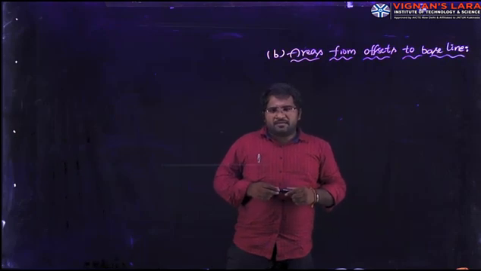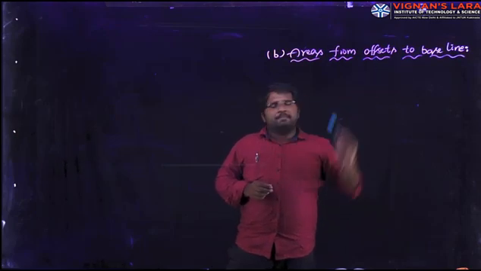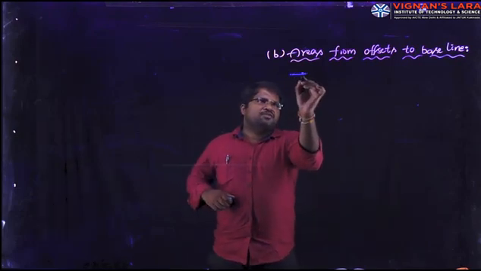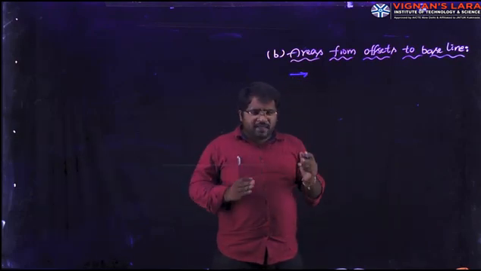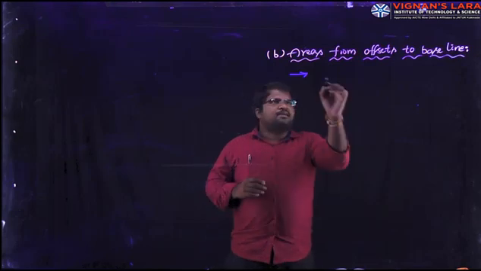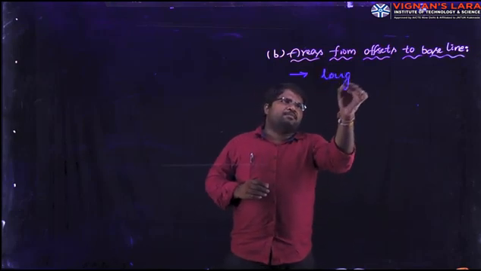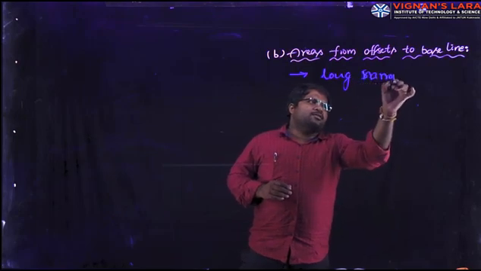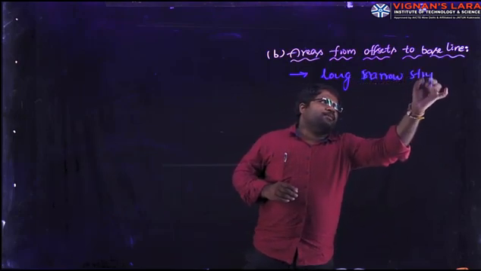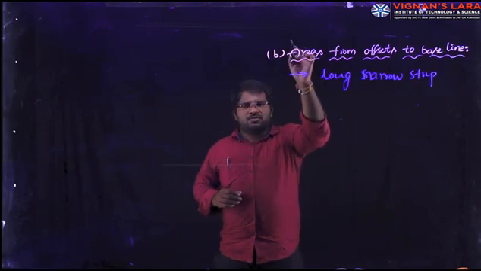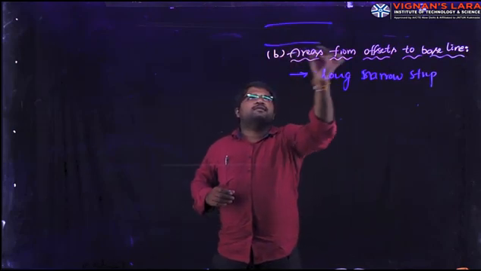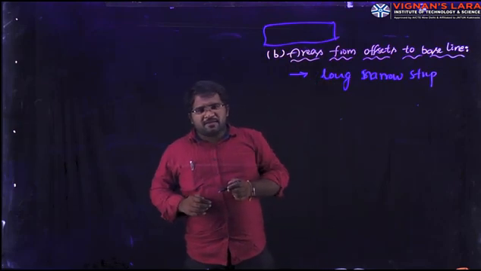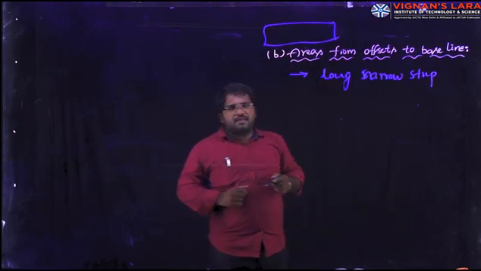This method is useful only for areas which have a long narrow strip shape. That means those areas will be like this, and for such areas we are going to use this method.